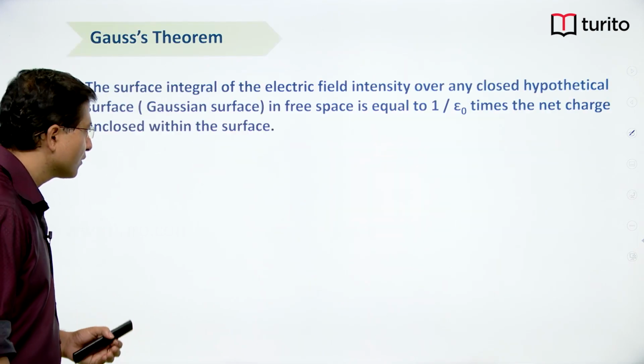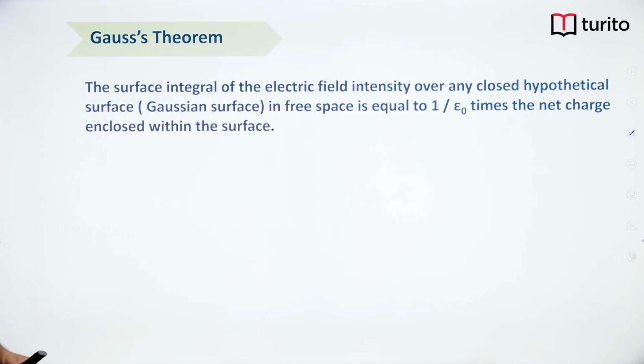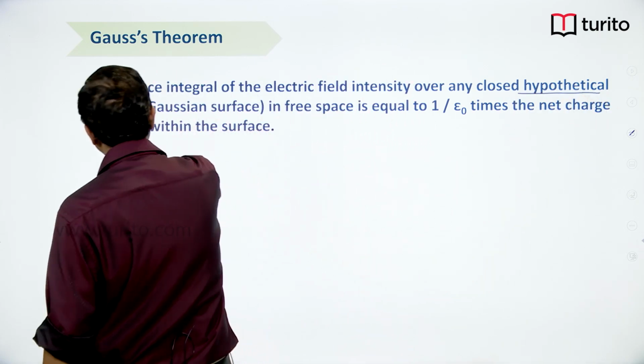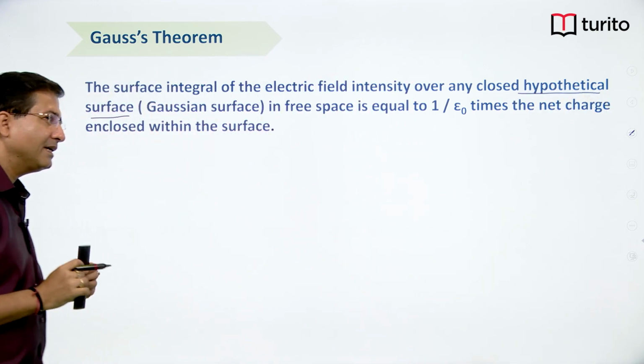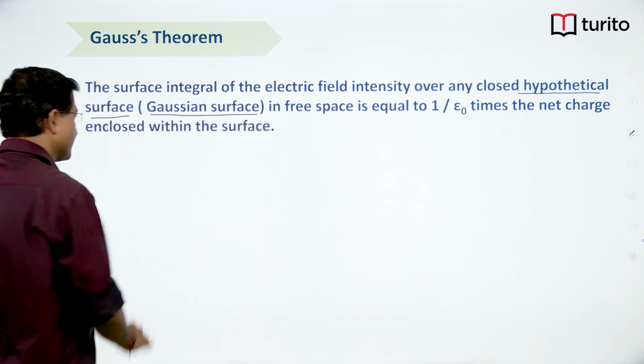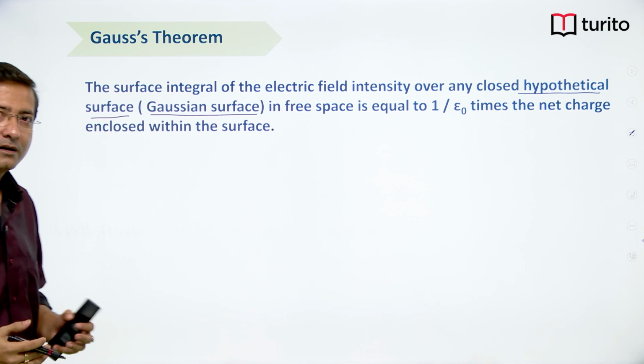So Gauss law, what is the statement of Gauss law? It says that surface integral of electric field intensity over any closed hypothetical surface, we name that hypothetical surface as Gaussian surface, right, it is called Gaussian surface.